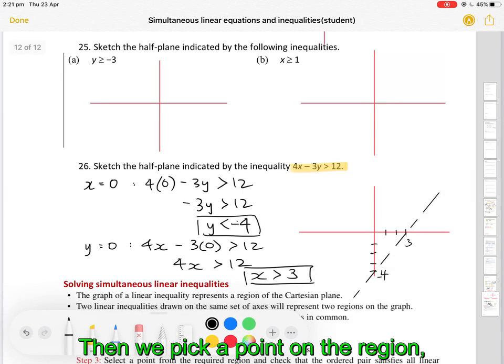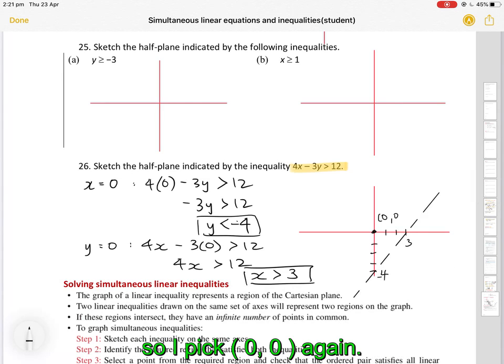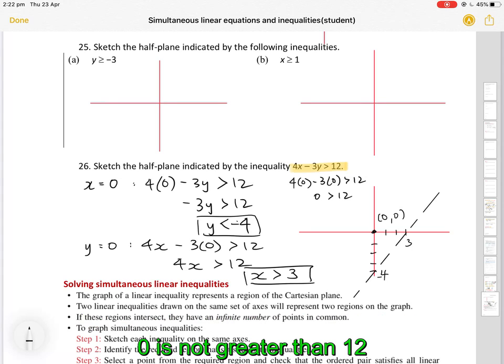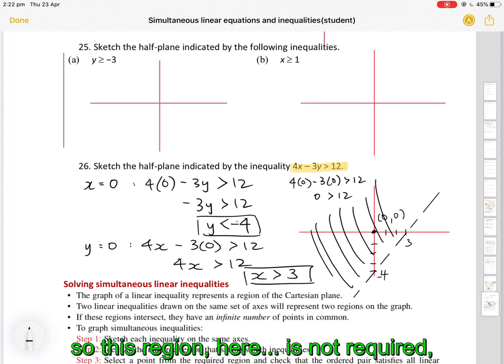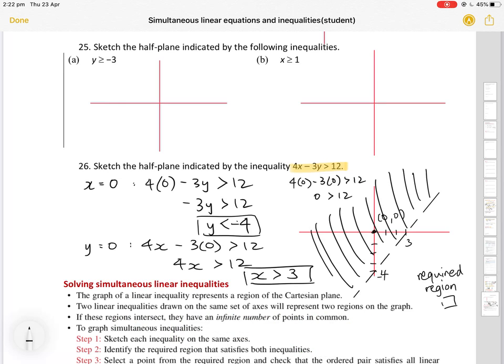Then we pick a point on either side of the region, so I pick 0, 0 again. And that is not one of the solutions because this is untrue. 0 is not greater than 12, so this region here is not required. So our solution should be on the unshaded side.